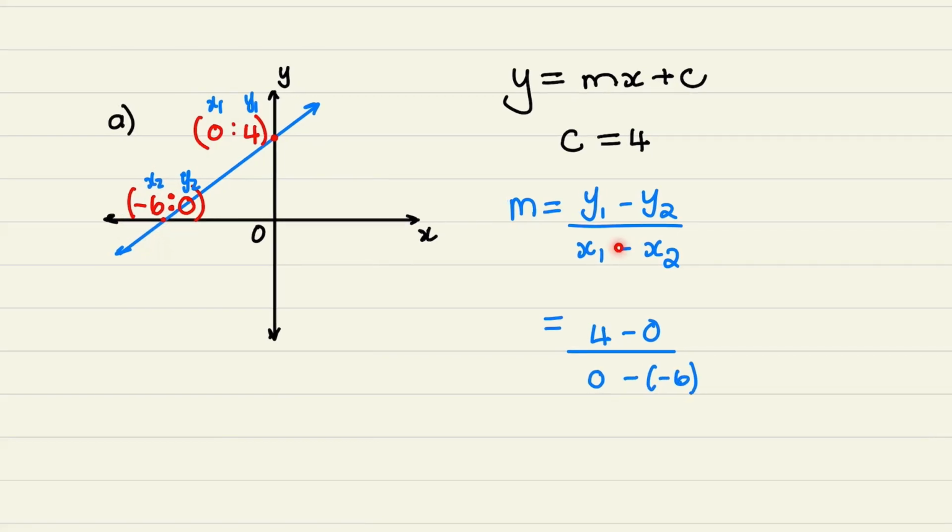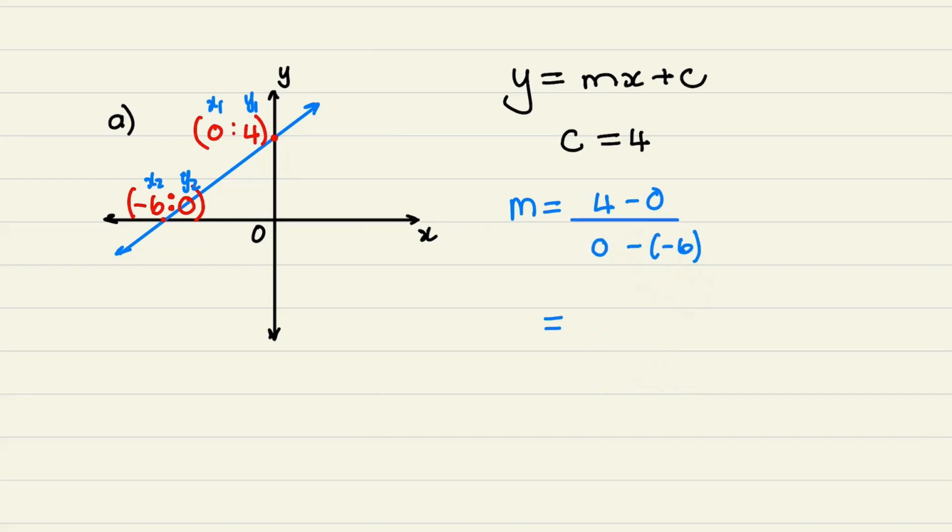Remember that we are subtracting the value of x2, and the value of x2 is -6. That's why we have a double negative. So if I simplify, I have 4 in the numerator and +6 in the denominator. And remember, with fractions, you always want to simplify those fractions as well. So 4/6 is equal to 2/3.